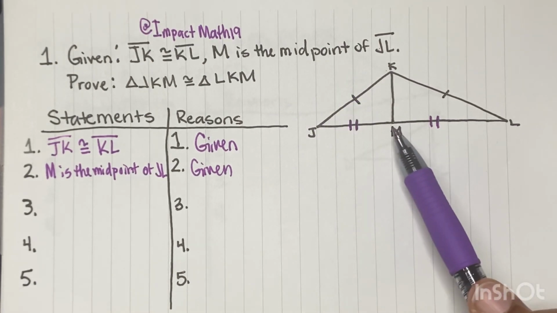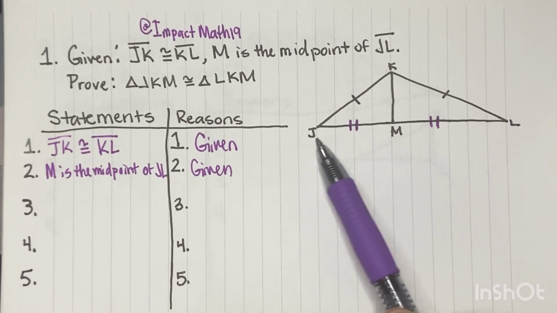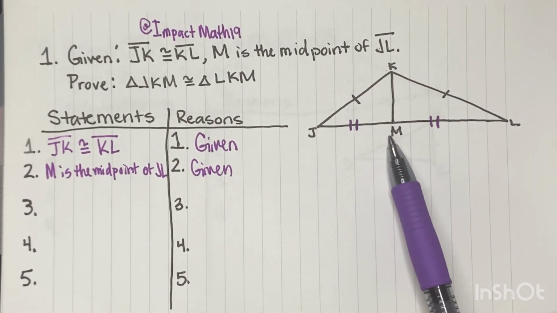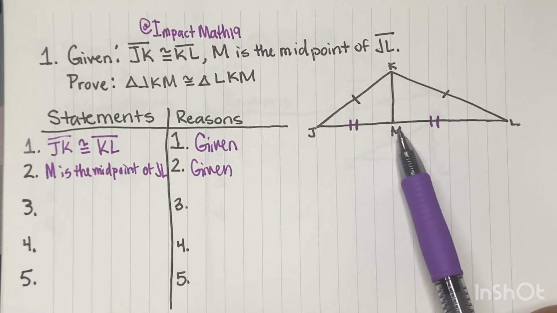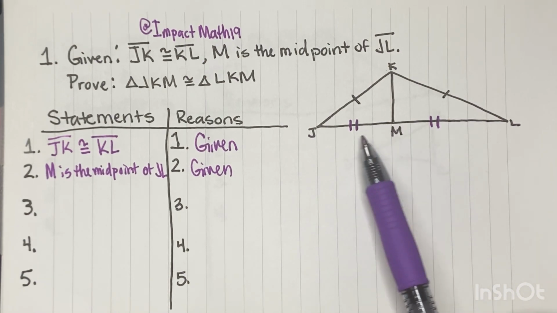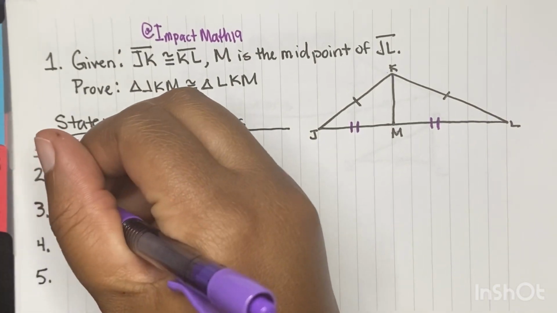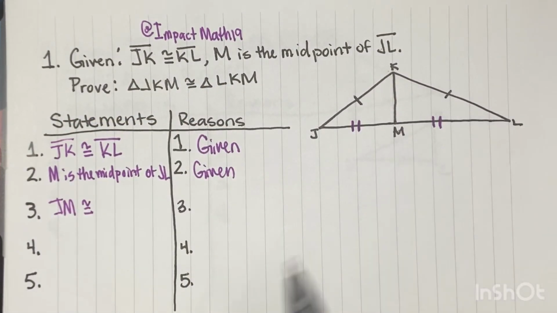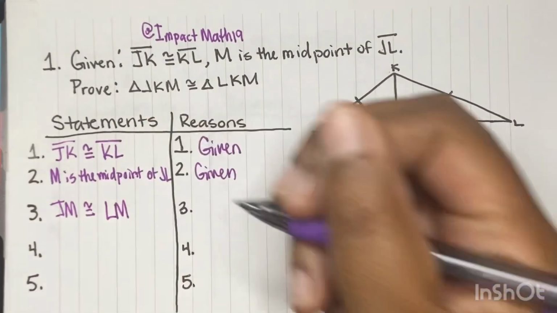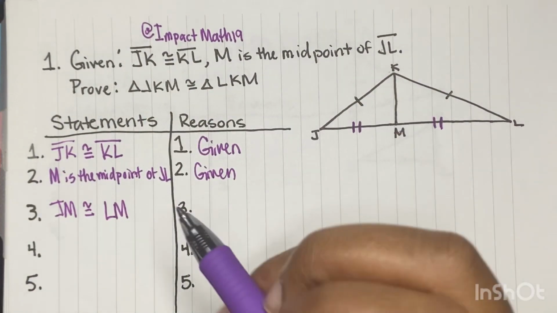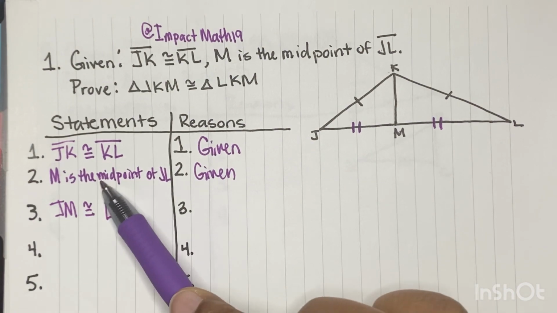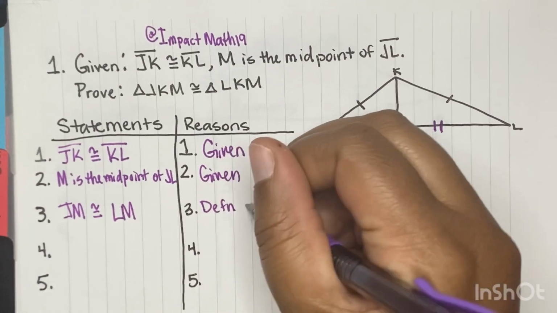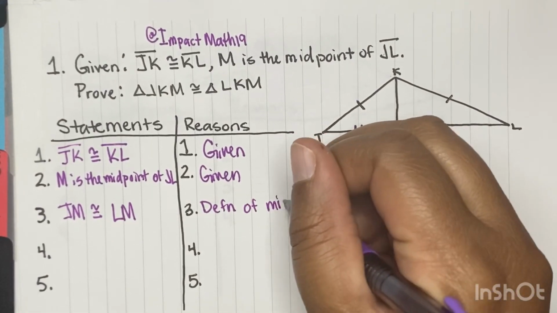It's the exact middle of the segment, and it creates equal parts. So we could say JM is congruent to LM. And if you have a word here that says midpoint, you could say definition of midpoint.